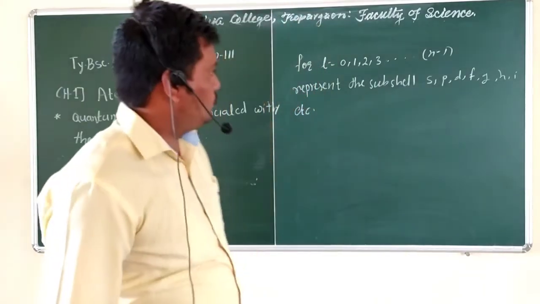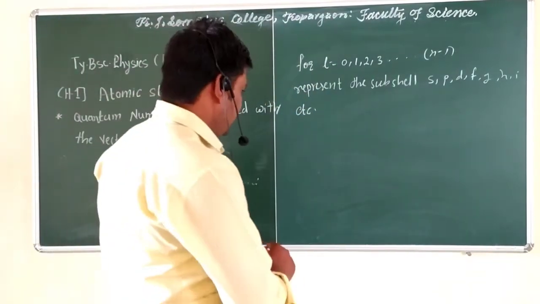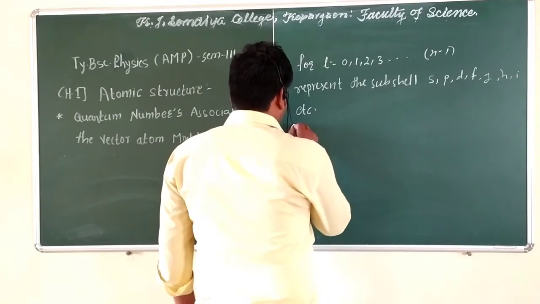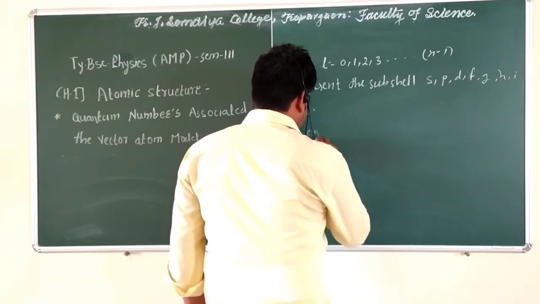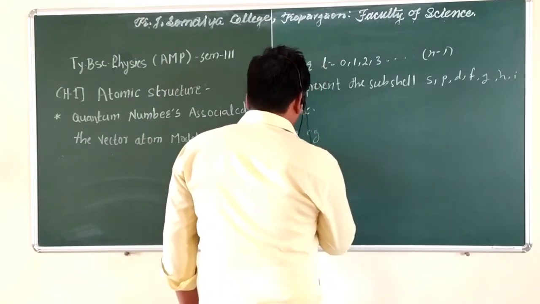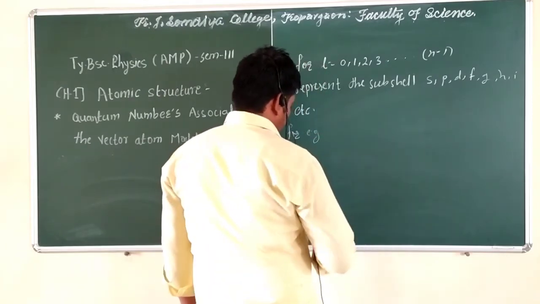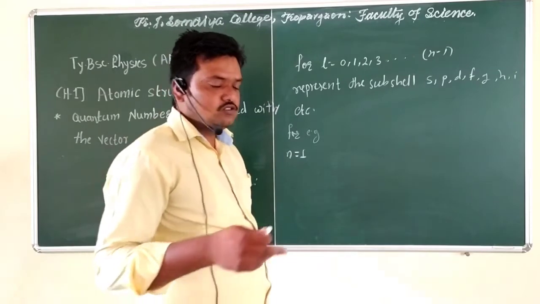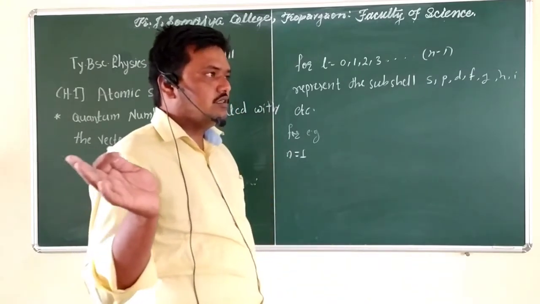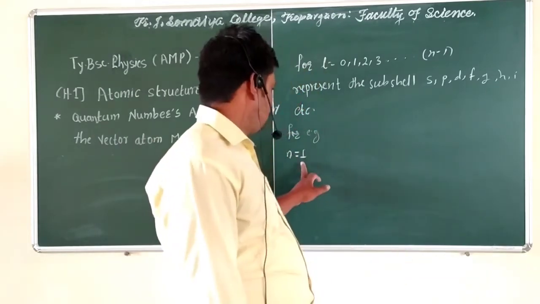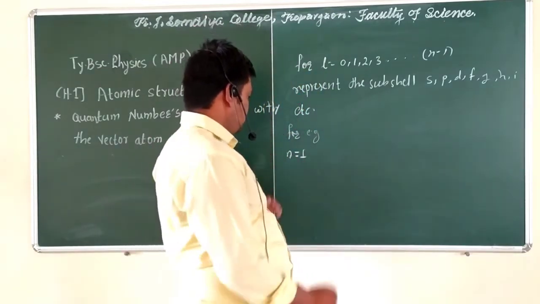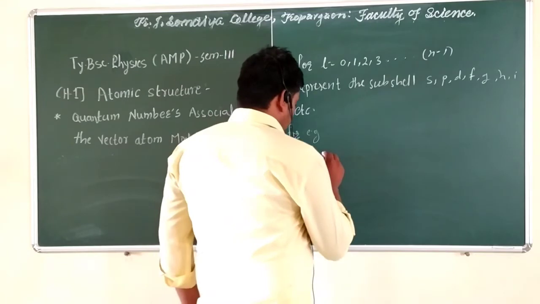For example, if we consider n equal to 1, the principal quantum number, that is the main shell, the K shell.